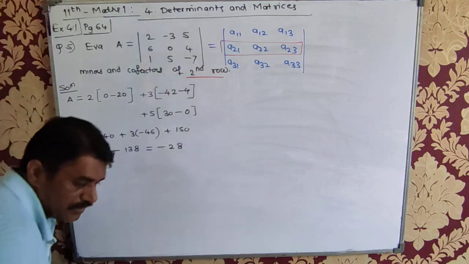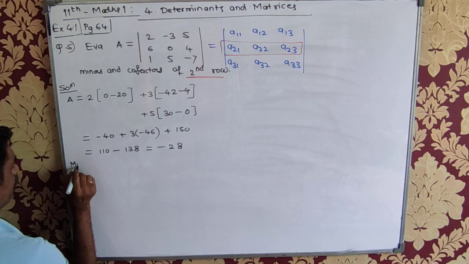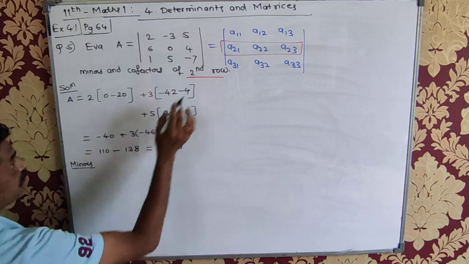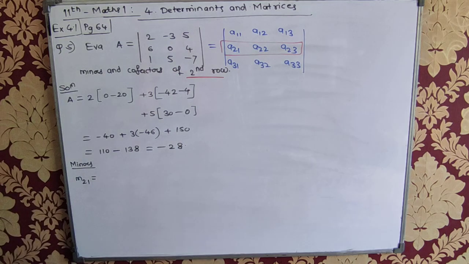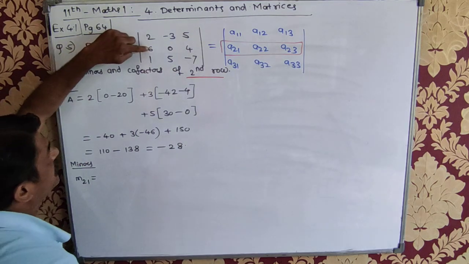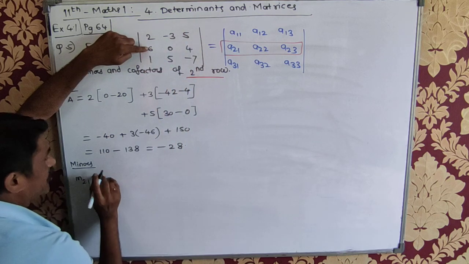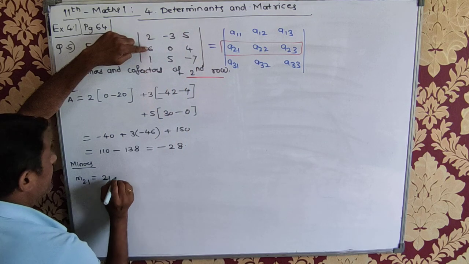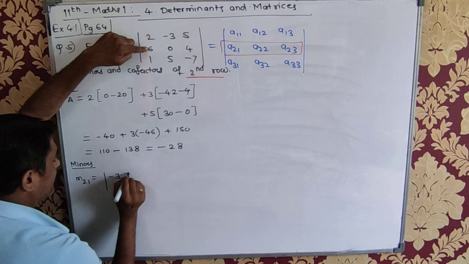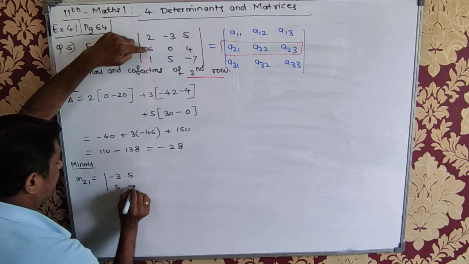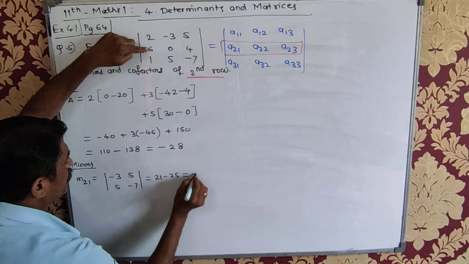तो इसका माइनर क्या कहलाएगा? Its minor is called as M21 is equal to what? इसका माइनर चाहिए. This product will be 3 minus this product. 21 minus 25, that is equal to minus 4.